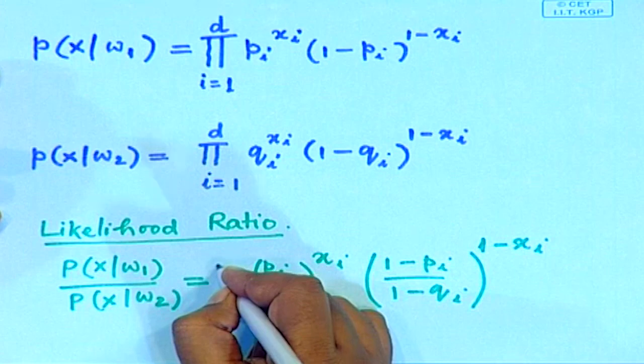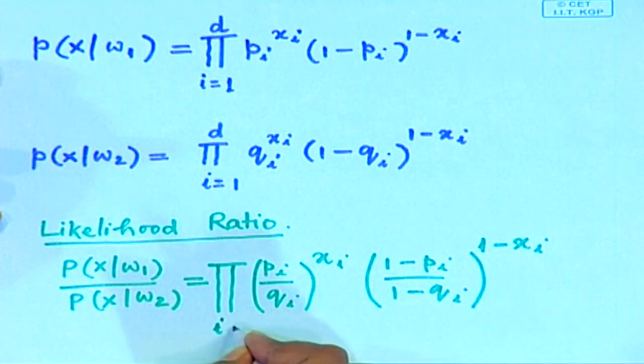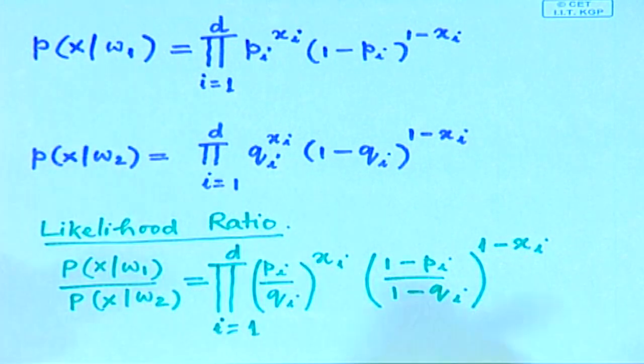Take the product over i varying from 1 to d. So, this is the likelihood ratio.